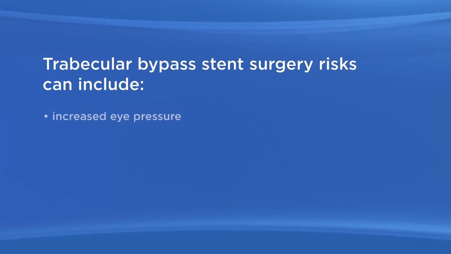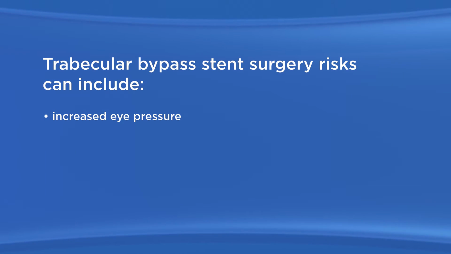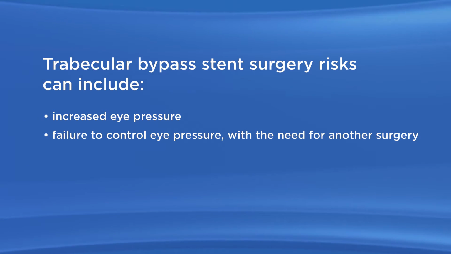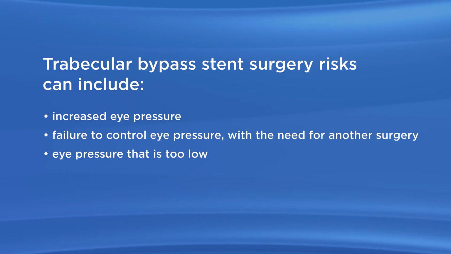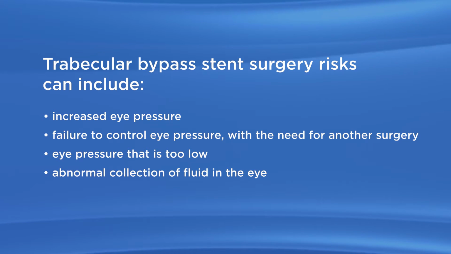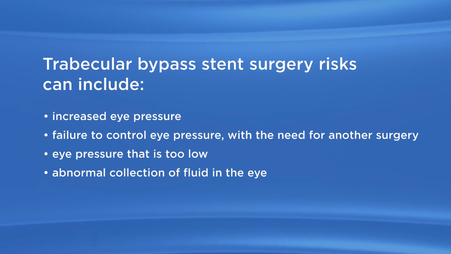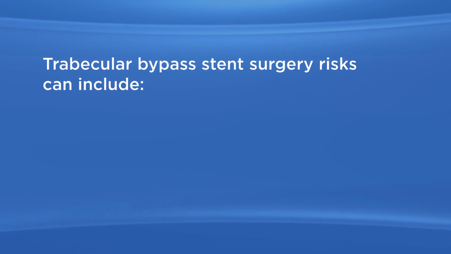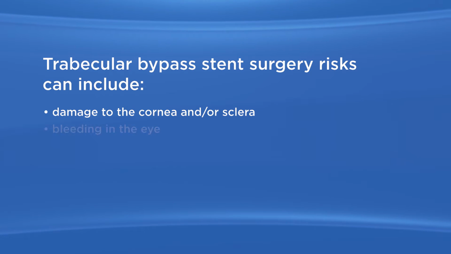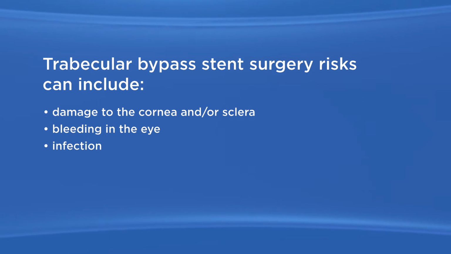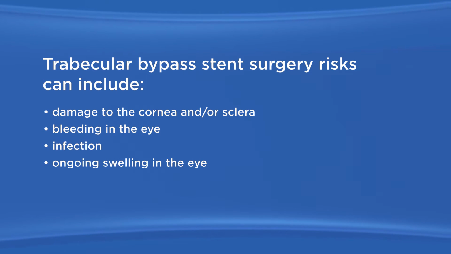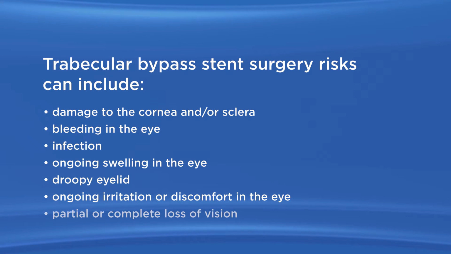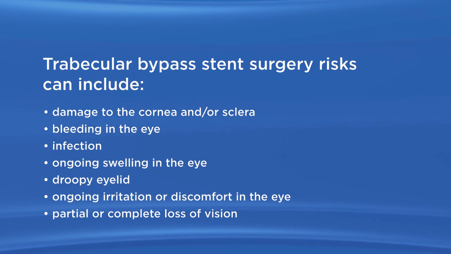Risks can include increased eye pressure, either temporary or permanent, failure to control eye pressure with the need for another surgery, either soon after surgery or much later, eye pressure that is too low, abnormal collection of fluid in the eye, possibly requiring a second surgery, blockage of the stent, dislocation of the stent, damage to the cornea and/or sclera, bleeding in the eye, infection, ongoing swelling in the eye, droopy eyelid, ongoing irritation or discomfort in the eye, and partial or complete loss of vision.